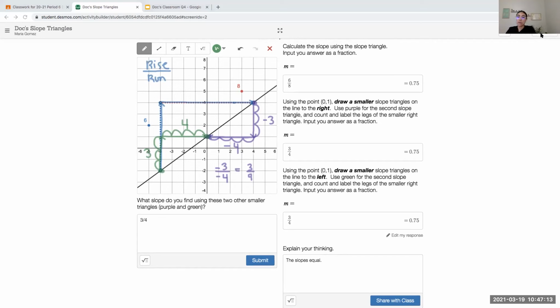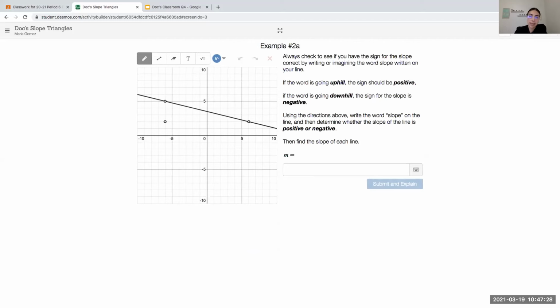So we're going to have one more example before I let you guys try these on your own of another trick you want to use to make sure you're finding the correct slope. All right, so I'm clicking on next. And this is our second example here.